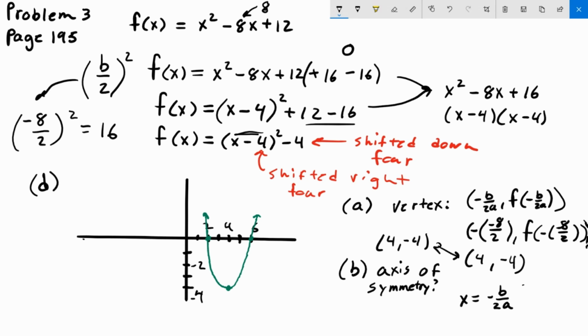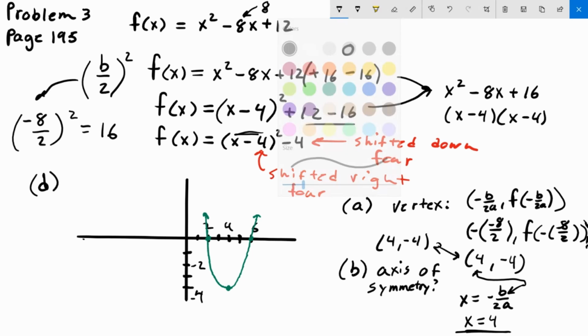In other words, this is the same thing as the x coordinate of your vertex. So this line is the vertical line that goes through your axis of symmetry. So we know that x is equal to 4. That's our axis of symmetry. Let me draw that on there.